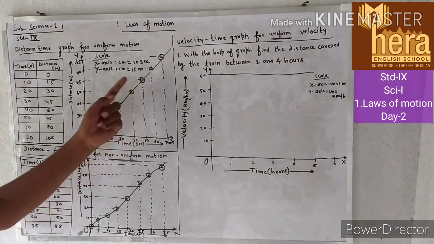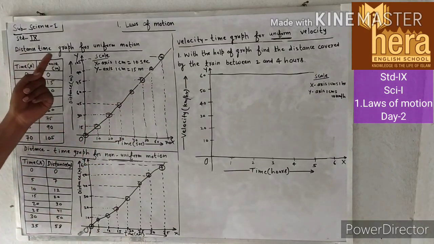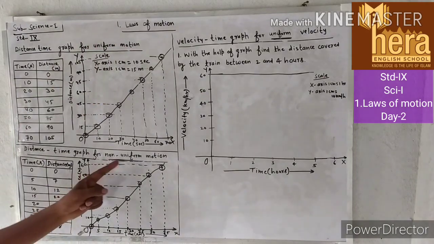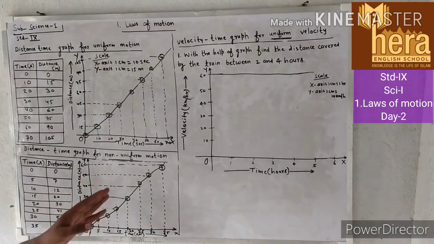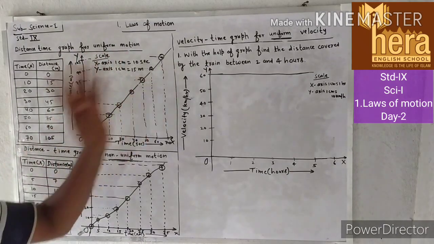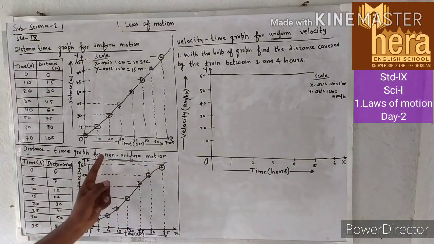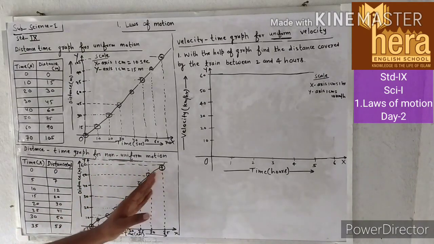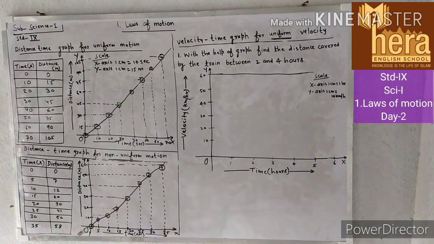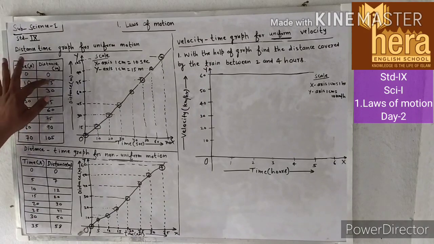It means the difference between the graph of uniform motion and non-uniform motion is that in uniform motion, the graph is a straight line, but in case of non-uniform motion, the graph is not a straight line. Okay. So this is the way how to plot a graph on the basis of a given table.